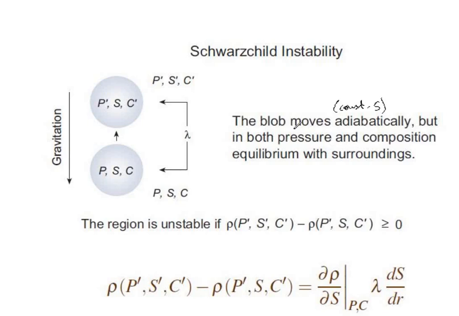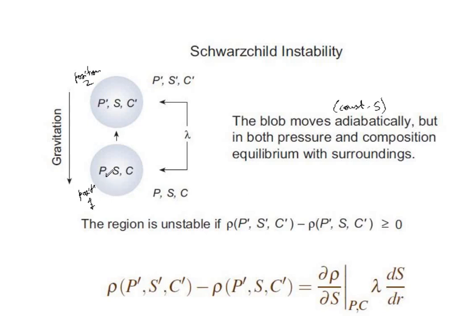So in this case, I am considering a blob which is moving adiabatically, but the blob is in pressure and composition equilibrium with the surroundings. Now let us denote the pressure, the entropy and the composition of the medium at position 1. This is position 1 and this is position 2.